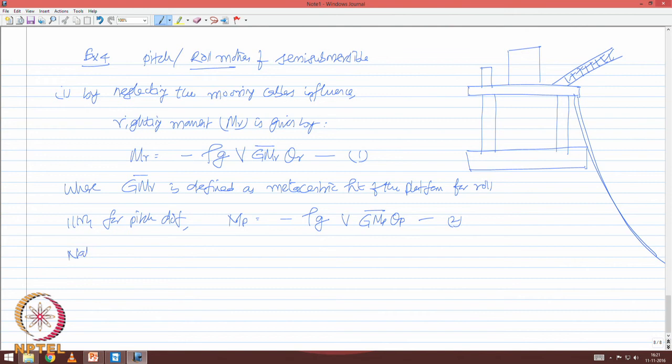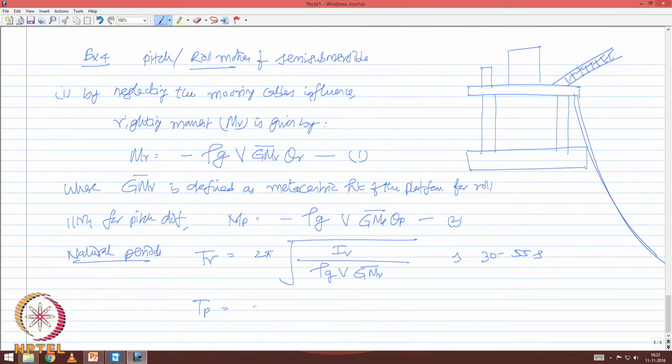Hence, the natural period in roll could be simply 2π √(I_r / (ρ g V GM_R)), which is approximately 30 to 55 seconds.